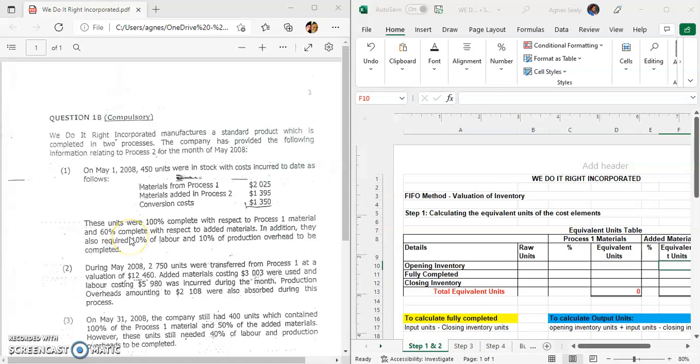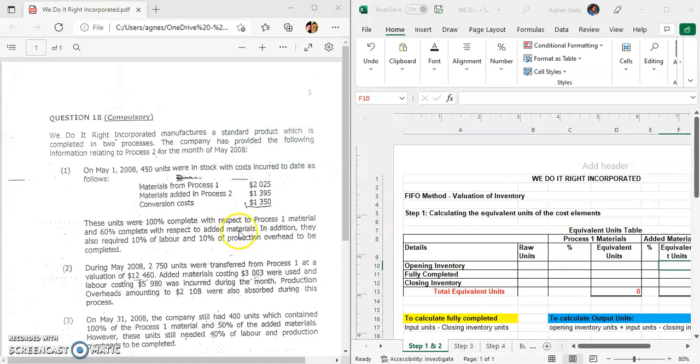Remember, when you're talking about percentage, it's out of 100. So 60 out of the 100 is already completed. It means that these 450 units need an additional 40% of added materials to be completed. That 40% is what we're going to use to help us calculate equivalent units when we do our equivalent unit table.